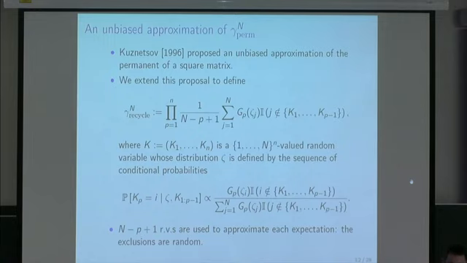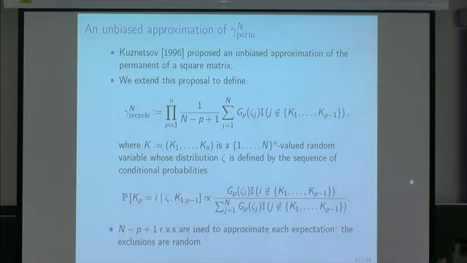So I randomly exclude one of the chosen random variables, and you proceed in this manner, in the sense that n minus p plus 1 random variables are used to approximate each expectation, and there's some randomness in these exclusions. I'll say a little bit about it later.